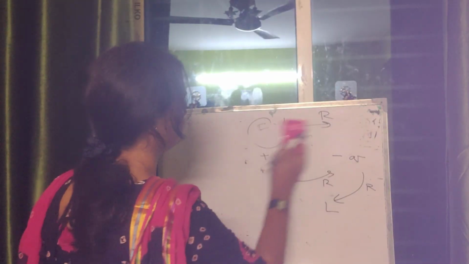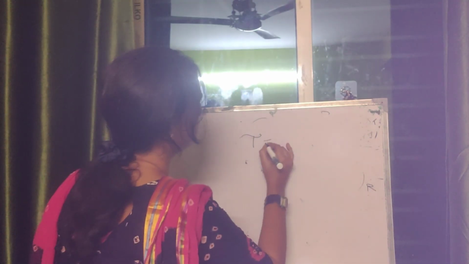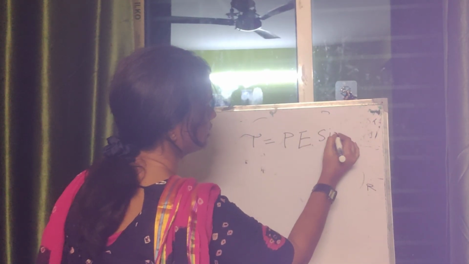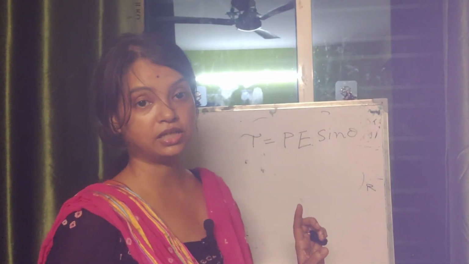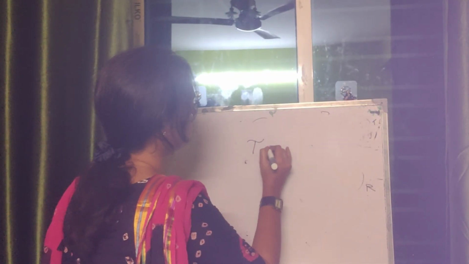Suppose torque is represented by tau and it is written as PE sine theta. Actually it's a cross product, P cross E, and we can write this. I am writing tau.